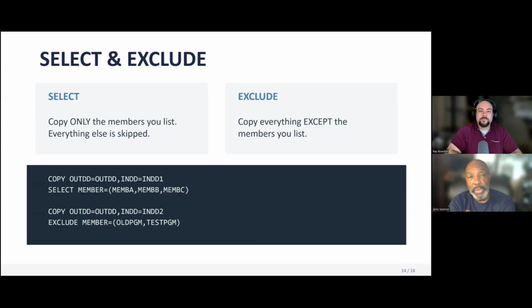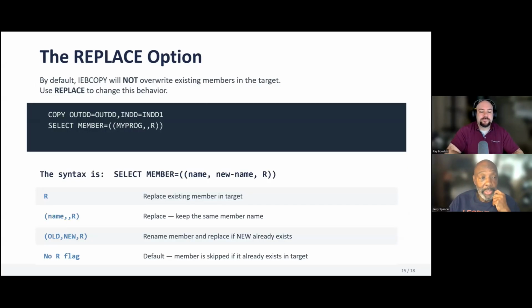I think if everything's fine, it gives you a 0. If you run into something like duplicate members, it gives you a 4. So it says, hey, I copied everything I could, but you might want to check to make sure that the results are what you expect. Okay. So we've got select and exclude. Then we've got the replace option. So you've said, okay, I don't care if it's already there.